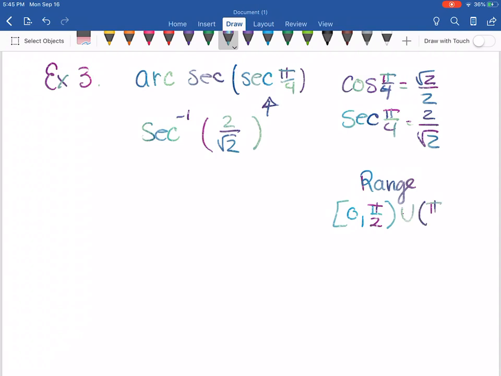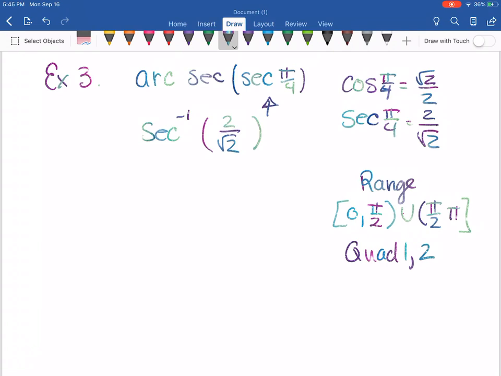And then we're going to go from pi over 2 up to pi. So basically we're going to be looking at quadrant 1 and quadrant 2, but we're going to omit the possibility of having pi over 2 because inverse secant is undefined there.